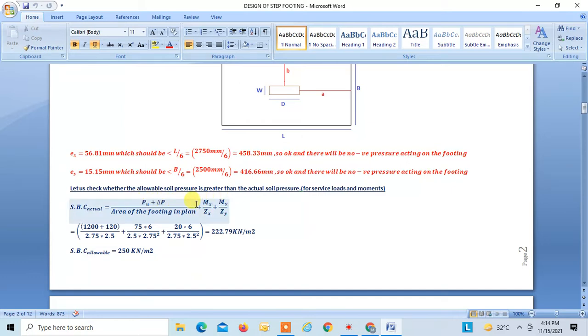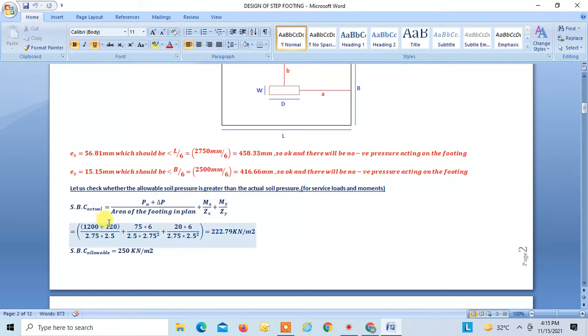All these moments and loads are to be service loads and moments. In our case we have both Mx and My, so we have to take this formula. But if you have only one moment, either My or Mx, then you have to take only one of these terms plus the axial term.